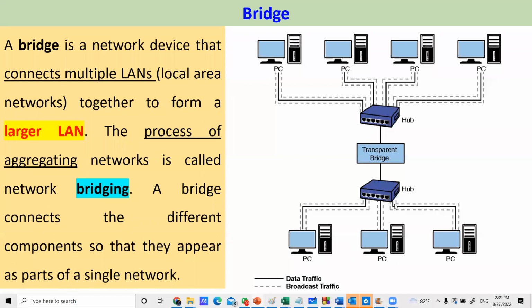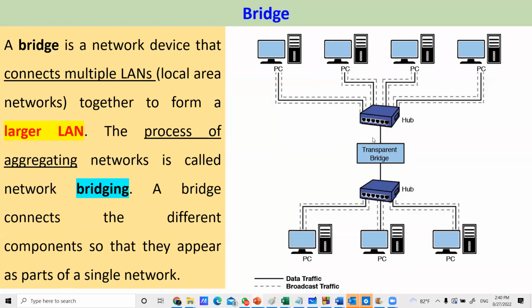All of these PCs are connected with another hub. It's the second local area network. Now, if you want to connect the first local area network with the second one, then in between we are using another network device called bridge.